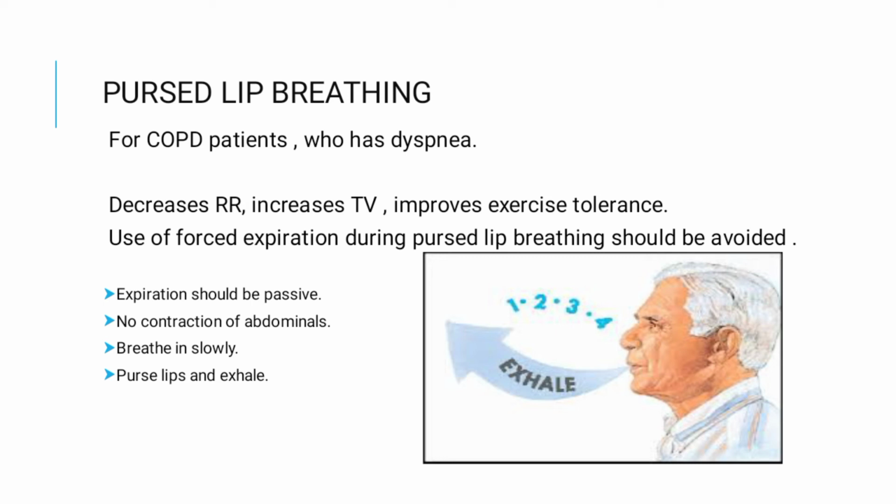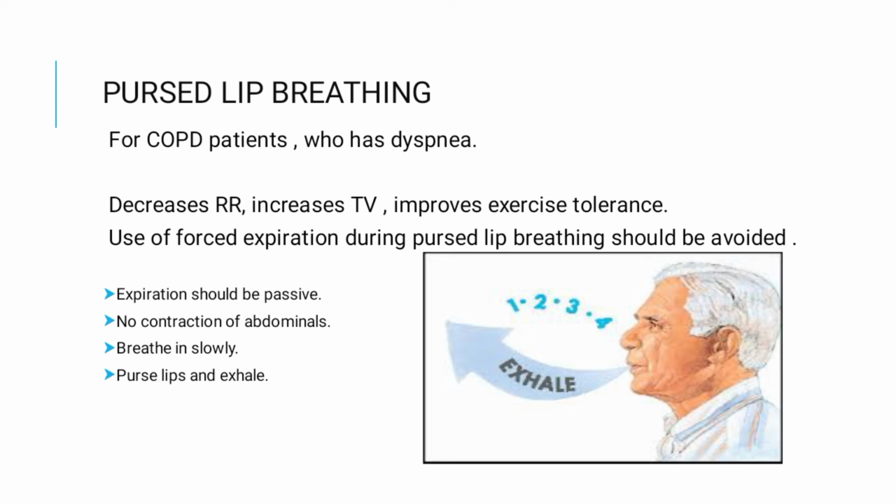So now we just summarize the portions which we have seen. Mainly you give these breathing exercises either to deepen expiration or inspiration, or in some other pulmonary conditions. So why do we use this?